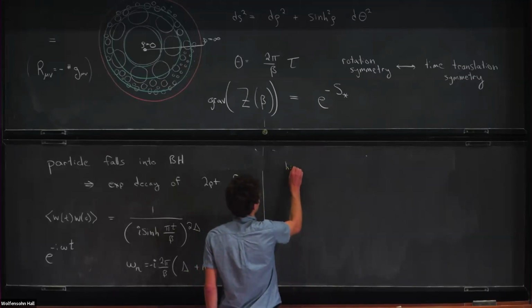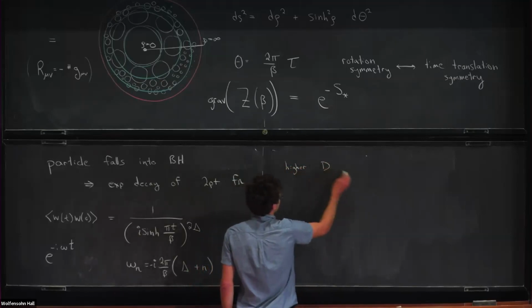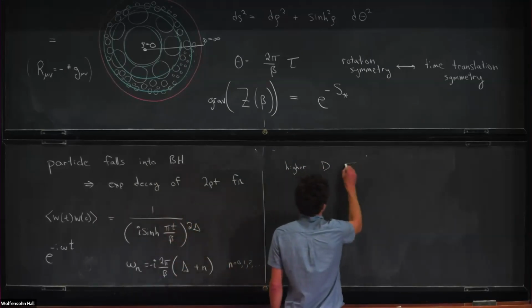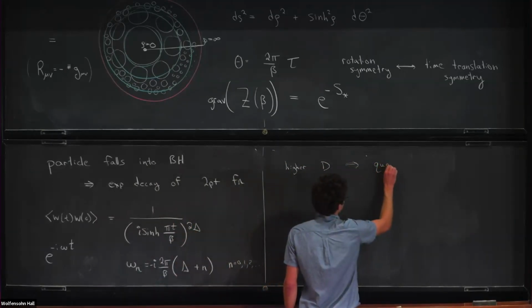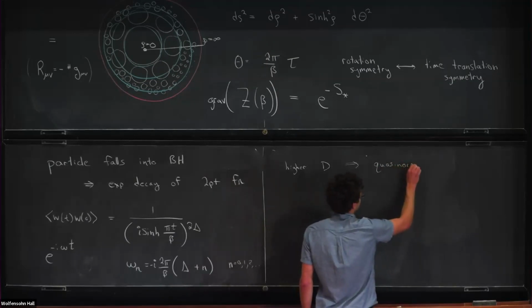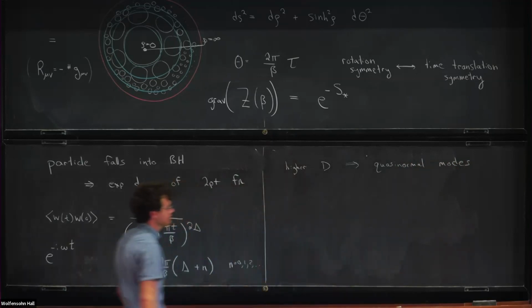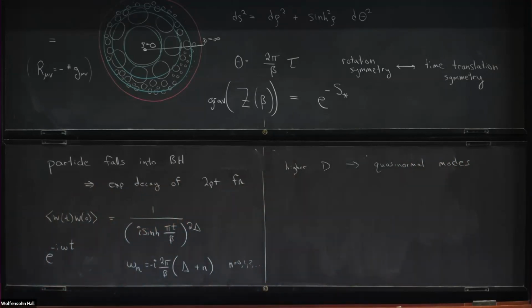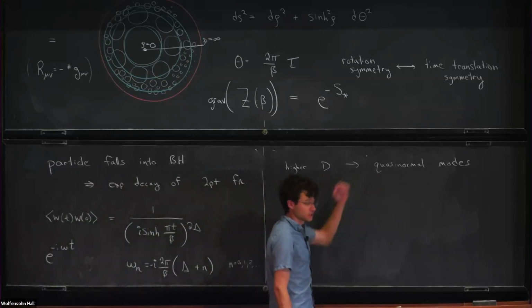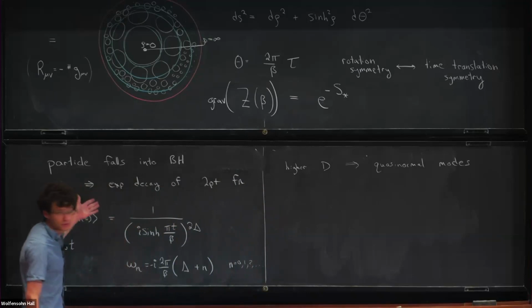So higher d, you cannot compute this thing exactly, but you can compute the quasinormal modes. And that's a typical kind of quantum field theory in curved space-time problem, where you study the effective potential that this particle feels due to the curvature of the space-time and the angular momentum that it might carry. And you solve the wave equation numerically and find the spectrum of numbers that describe the decay of the 2-point function.